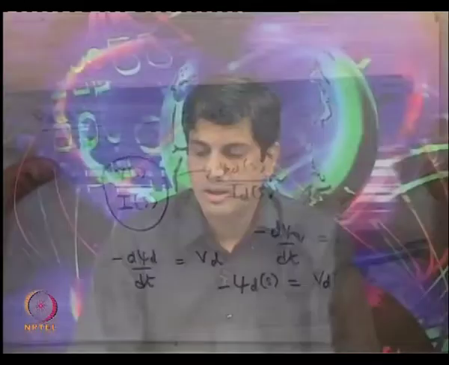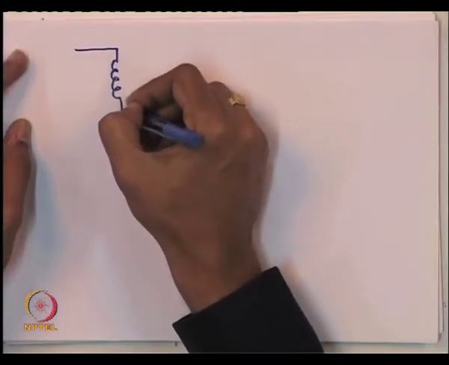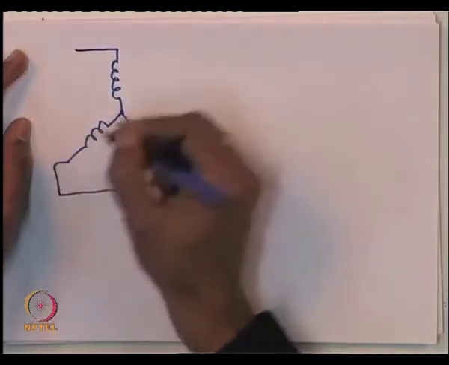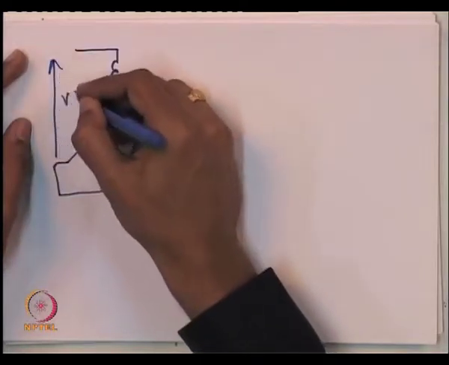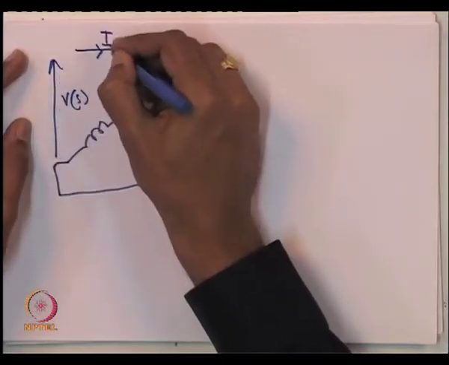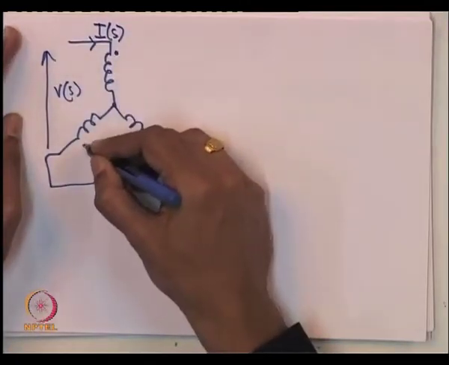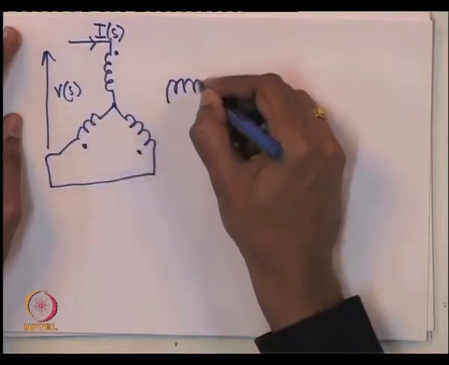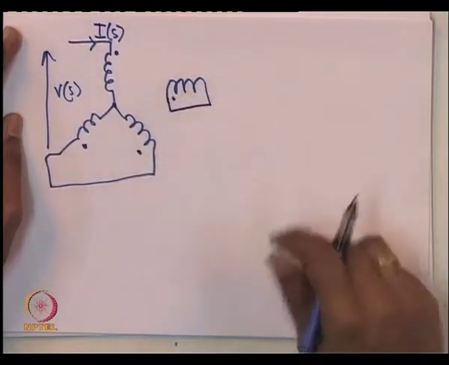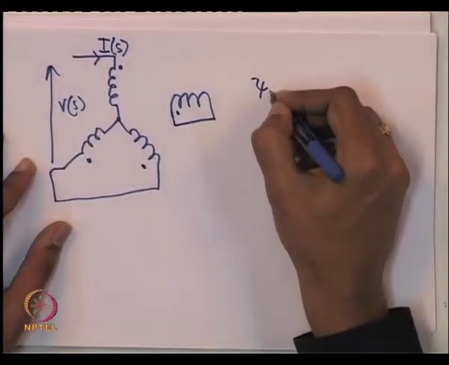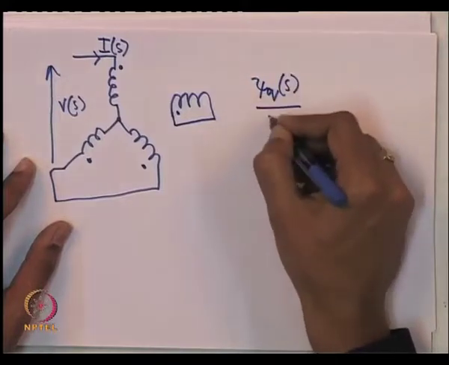In fact, it is easy to see that in case I align my field winding at theta equal to 90 degrees, in such a case I can get this transfer function.